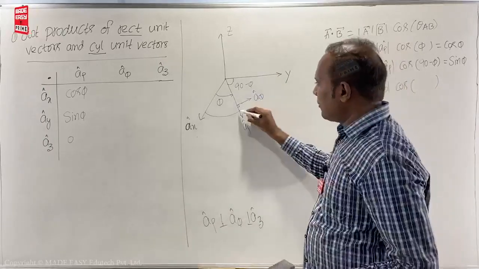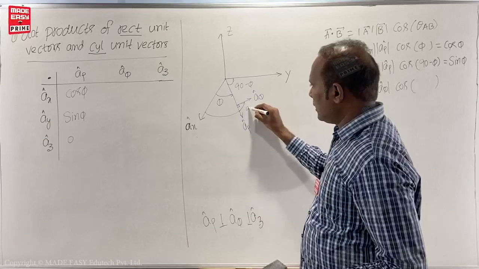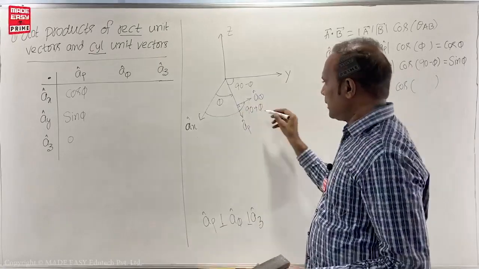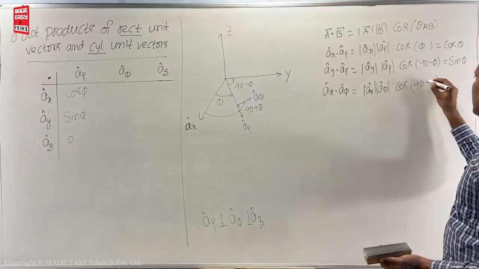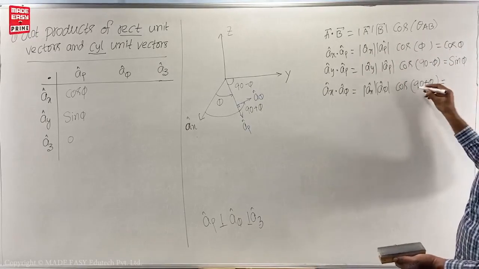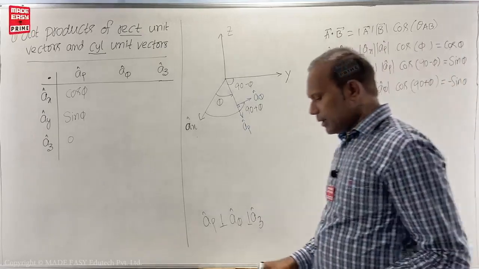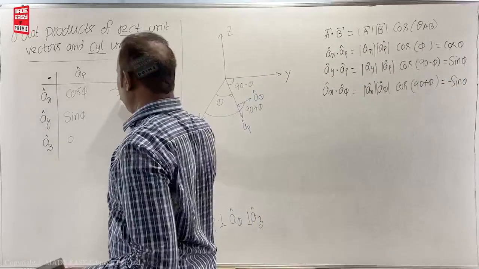So the angle from here to here is 90 plus phi. Cos of 90 plus phi, in the second quadrant, gives minus sin phi. So here you have minus sin phi.